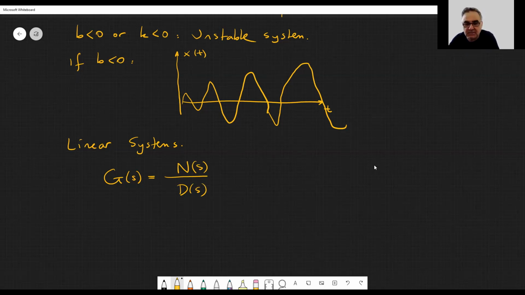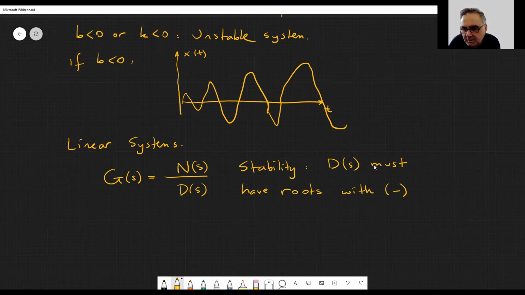I have shown you that stability is determined by D of s, which must have roots, let's say, with negative real parts. This is the condition for stability, okay?